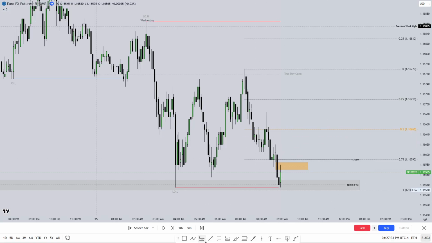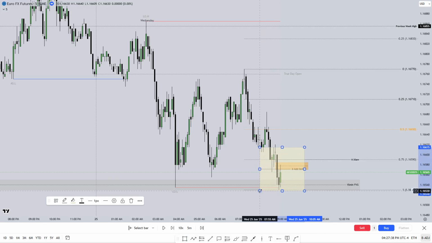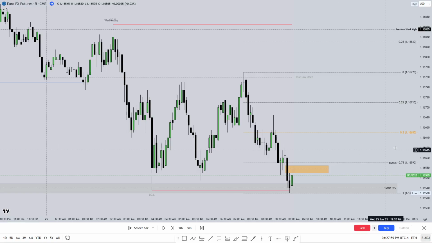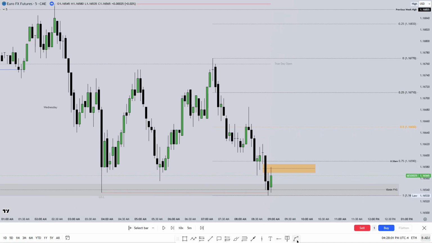Now we're looking at this little section of price action right here because your low risk buy in a market maker buy model is going to form around the 70 or the lower quadrant level. Okay, that is huge. Your low risk buy will form around the lower quadrant of your dealing range in a market maker buy model. So if we're looking at this little internal market maker buy model right here, we have a high and we have a low and we have an obvious move lower right here.